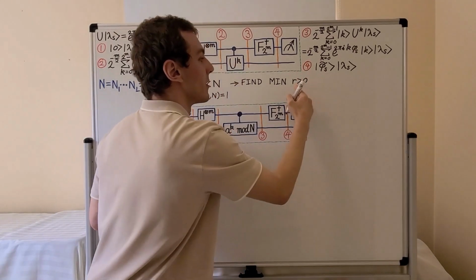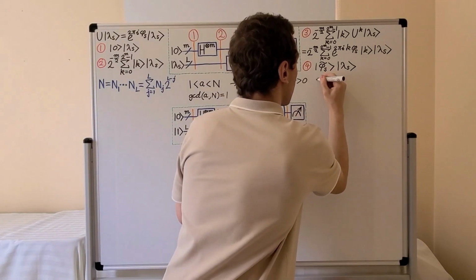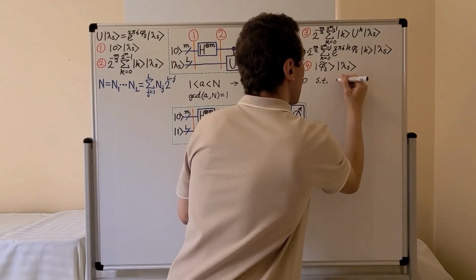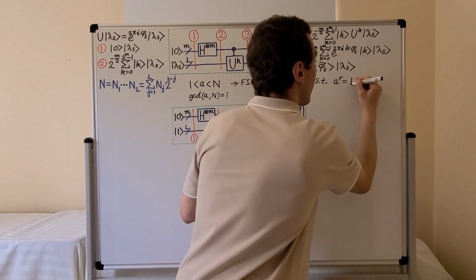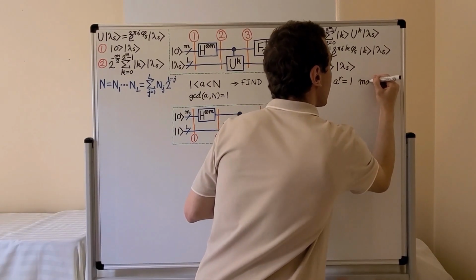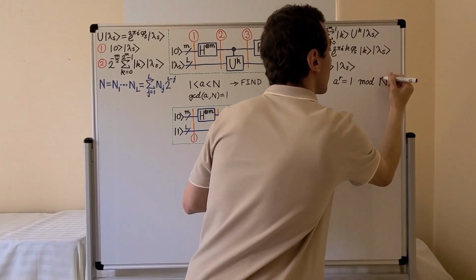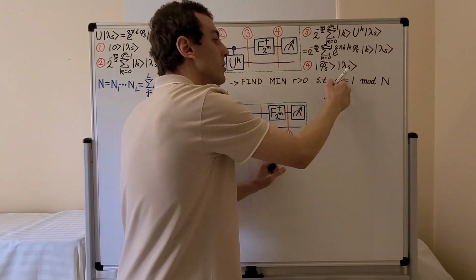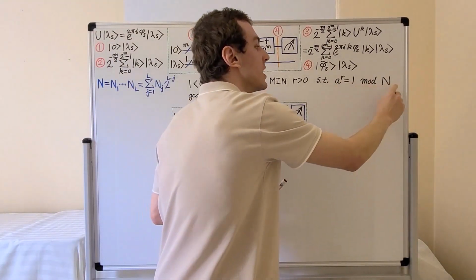So we can write it like this. We have r greater than 0. It's a positive integer such that a to the power of r is equal to 1 mod n. So we're dealing with modular arithmetic over here. So r is called the order. r is the order of a mod n.